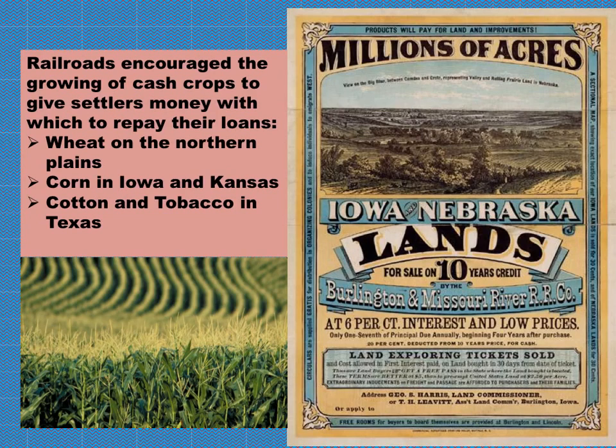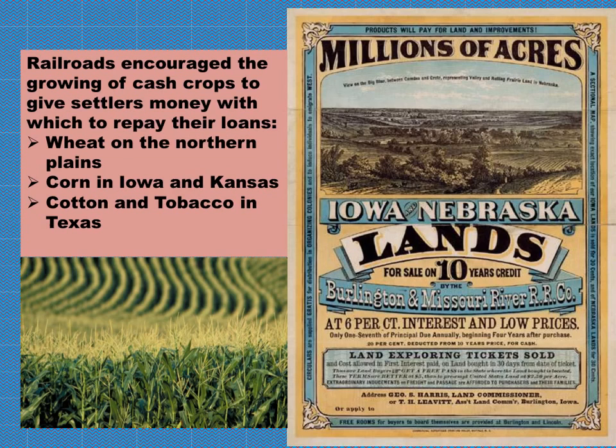Now, railroads had a great influence on agriculture. They sold this land to people they recruited, and to encourage quick repayment for the land they sold, they said, you need to make money. You need to grow cash crops: wheat on the northern plains, corn in Iowa and Kansas, cotton and tobacco in Texas.